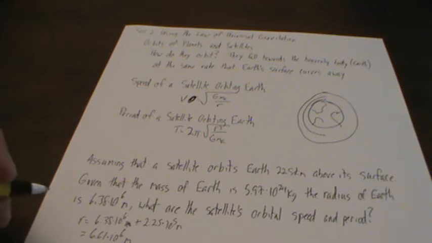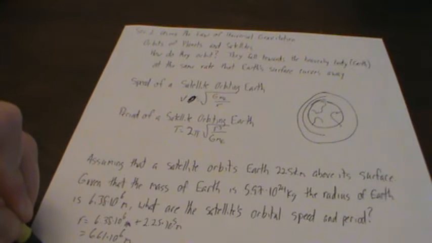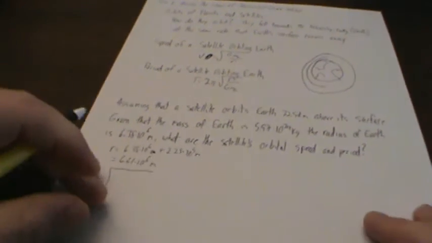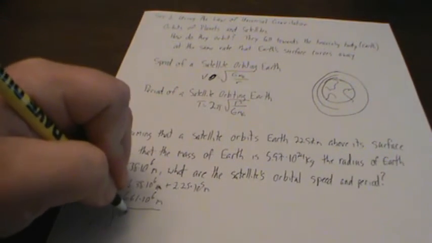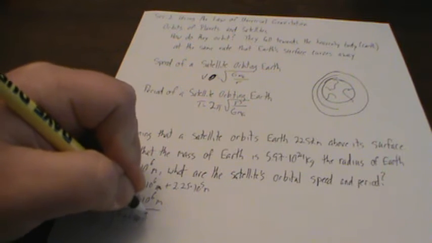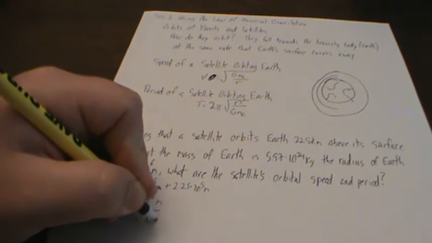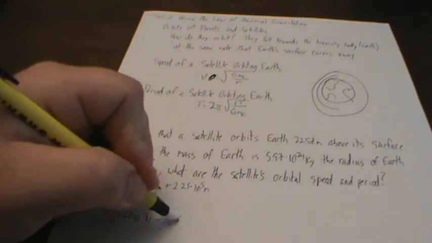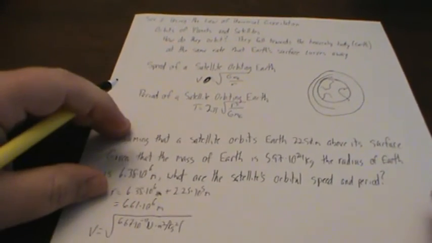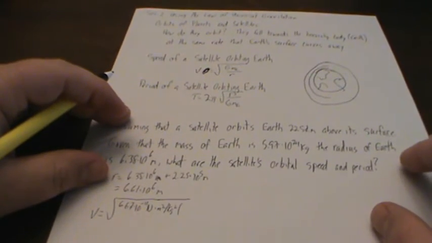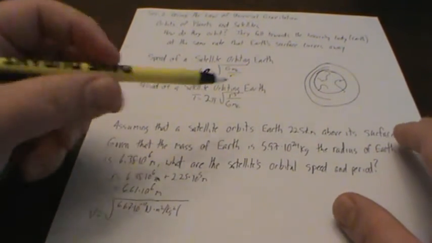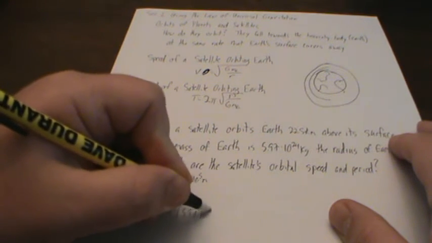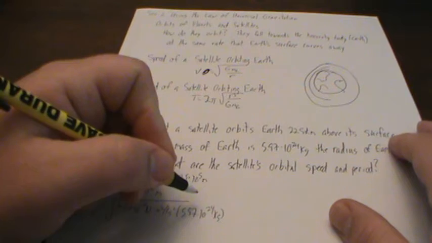Okay, so finding its orbital speed, or its velocity. G is our gravitational constant, 6.67 times 10 to the negative 11 newtons times meter squared per kilogram squared, times the mass of Earth, which is given to us as 5.97 times 10 to the 24th kilograms.